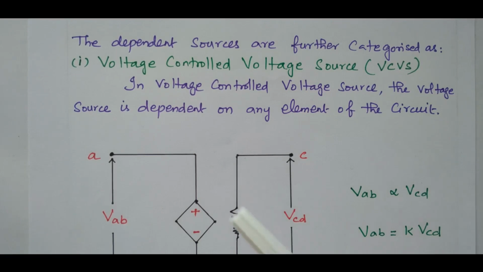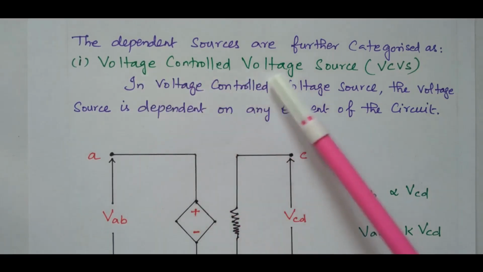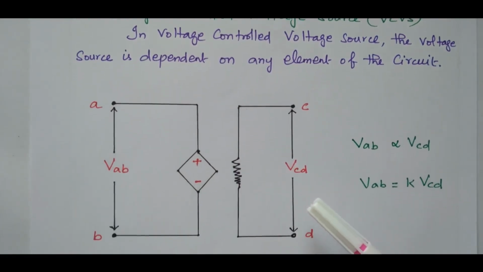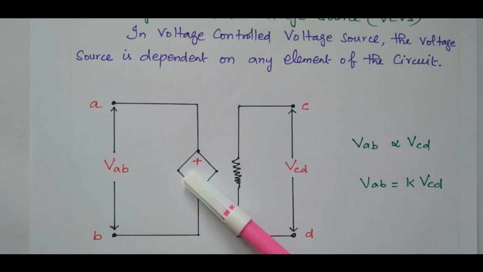So first we will see the voltage controlled voltage source. See the diagram. This is the voltage source, terminal AB. Due to being dependent, it is represented by the diamond shape. The voltage across terminal AB is VAB.